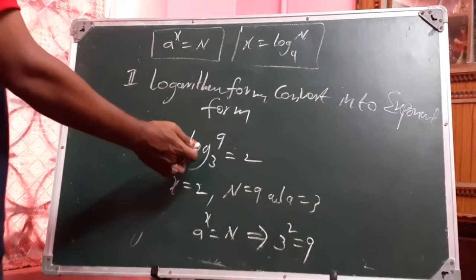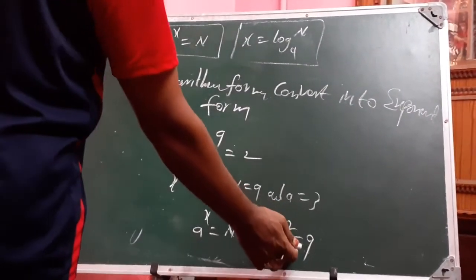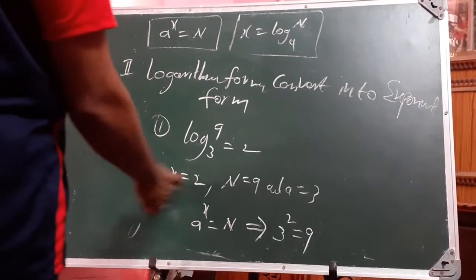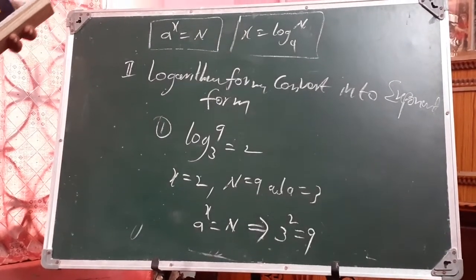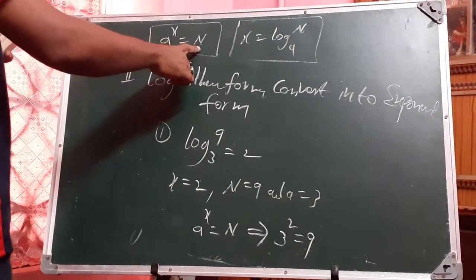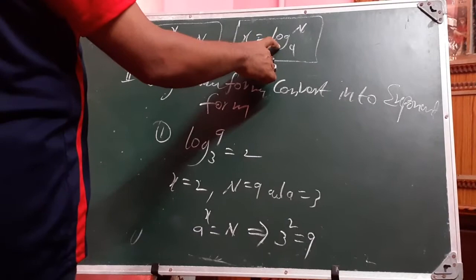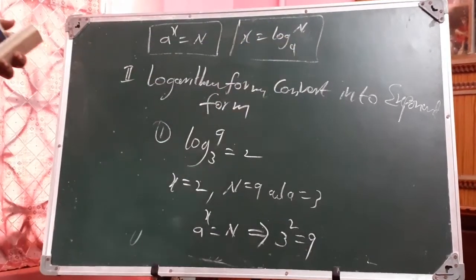Now given logarithmic form, convert into exponent form using these x, a, n and these two formulas. Very important. The formula is a power x is equal to n, then x is equal to log of n to the base a.